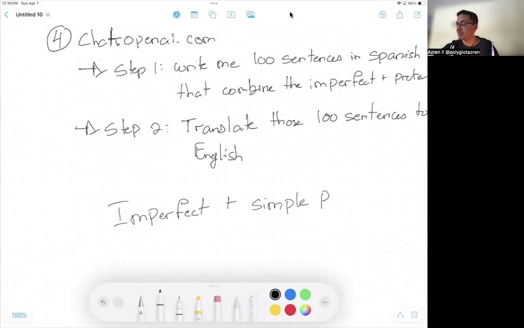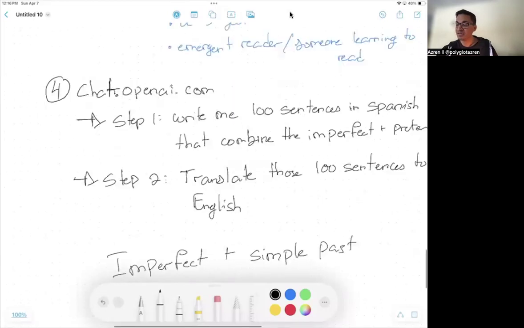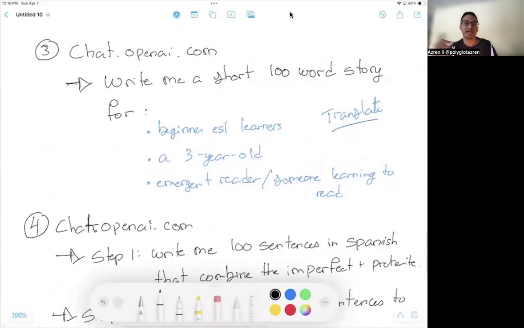Because when we talk and when we write in Gujarati, we do actually need both the imperfect and the simple past when we talk in the past. We actually end up using both quite often. So step 3 and 4 is a really good way to practice both the imperfect and simple past in the past tense.